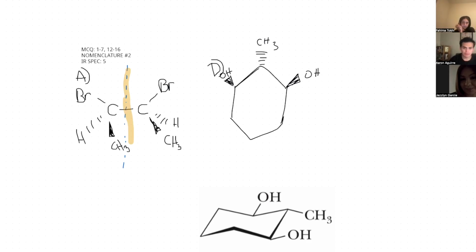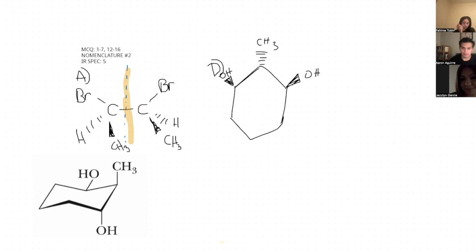If we just draw E real quick, E is similar, except your methyl group is pointing up, your OH is going down, and your other OH is going up. This is E, and it's not meso, because if I flipped it, it wouldn't match.